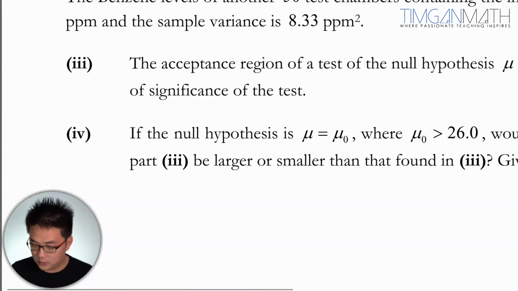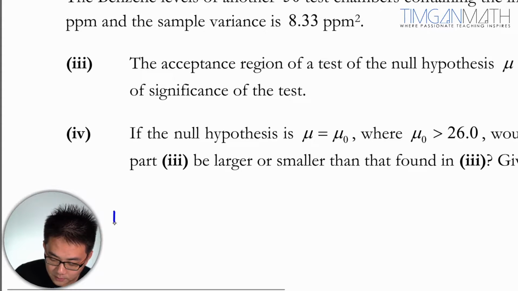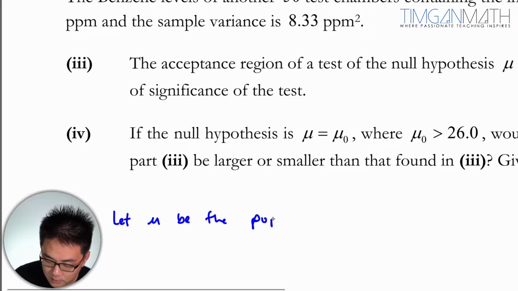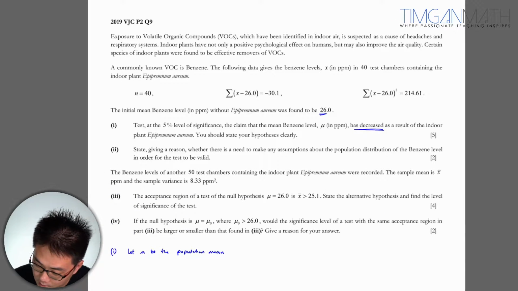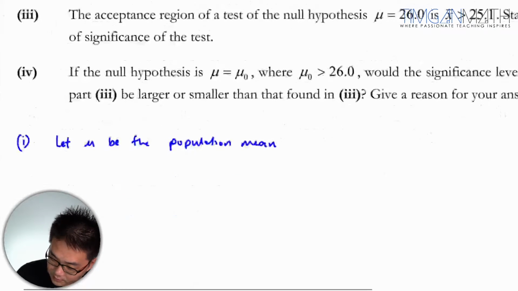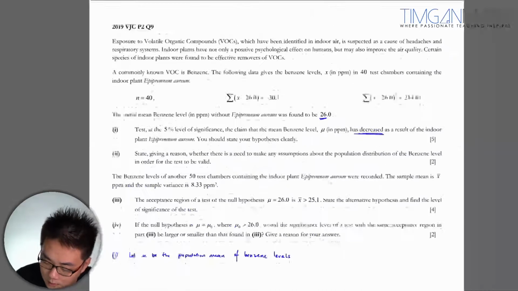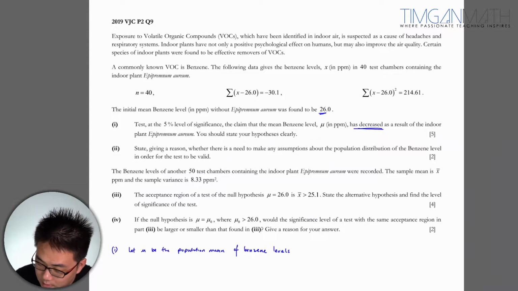So just as usual, let mu be the population mean benzene level, X, in ppm.